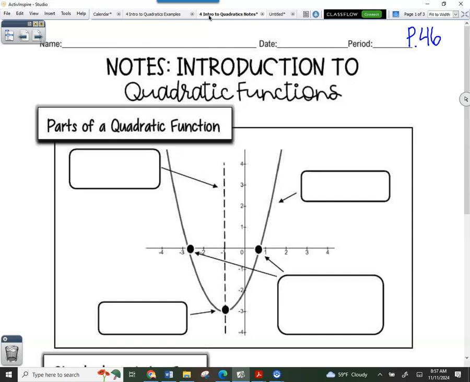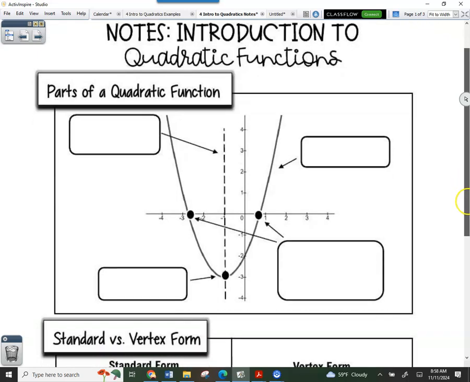So we're going to dive right in, and then we're just going to start practicing, okay? The good news is these formulas are on your formula sheet. So you don't have to memorize the formulas. You do have to memorize the vocab words, what the parts mean, and how to find it, okay?